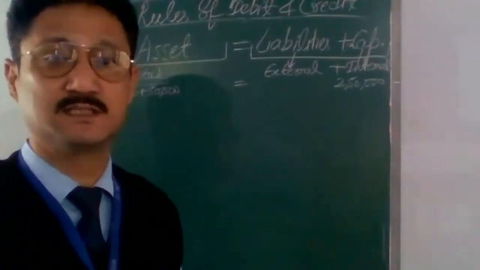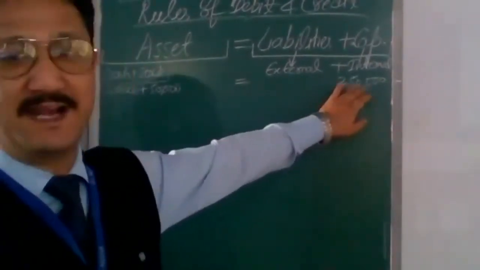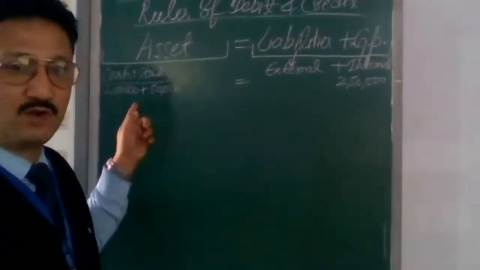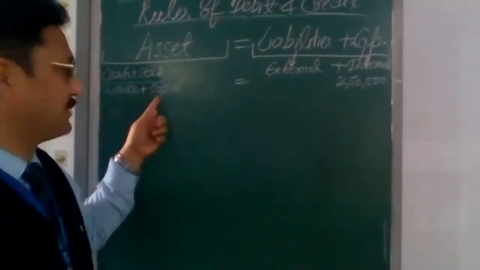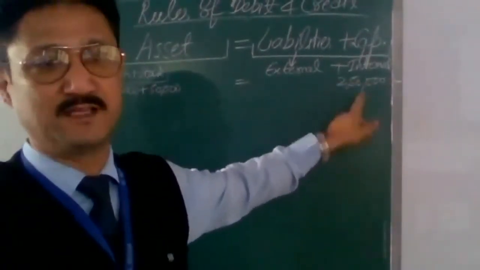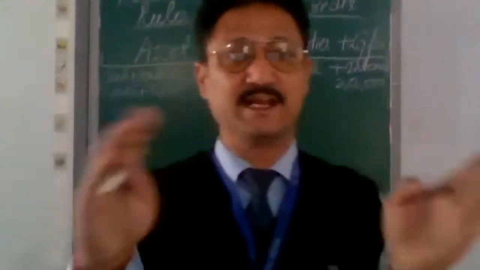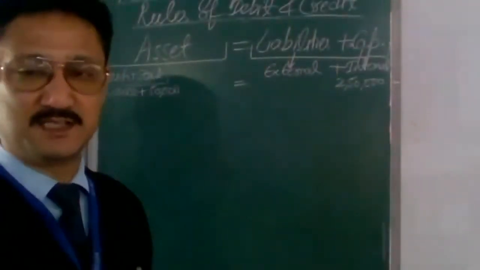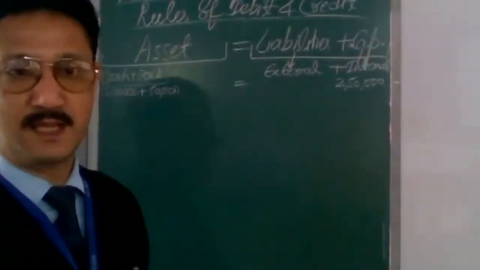Stock means goods will be added in the capital. Both sides become equal. Varun, can you see? 2 lakh plus 50,000, 2 lakh 50,000 becomes 2 lakh 50,000. Yes, sir. Both sides are equal because we have added the same amount on both sides. This is transaction number 1.